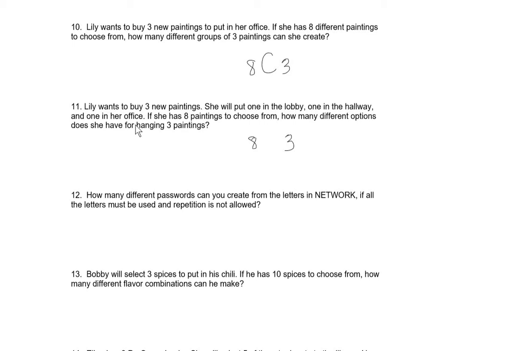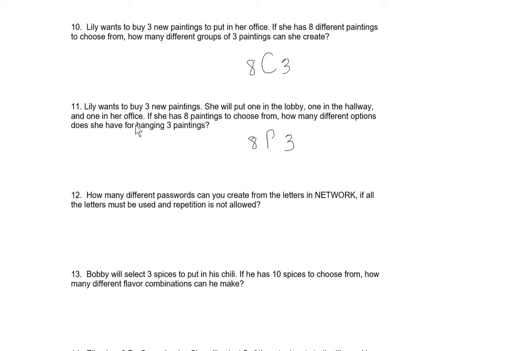And here's what is really important about this. It's not necessarily that I'm hanging the painting in the lobby first and the one in her office second and the hallway third. It's just that each of the paintings is assigned a different role. So when our reference sheet says that order matters for permutation, it doesn't necessarily mean first, second, third, but just that each thing has a certain role that it's playing.